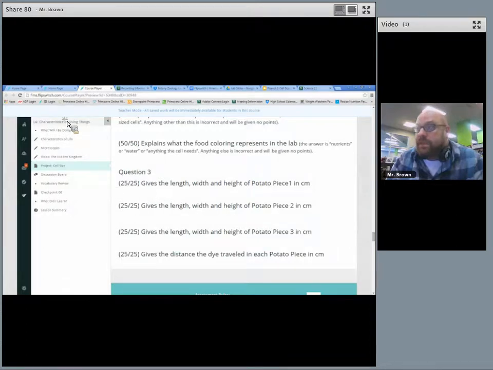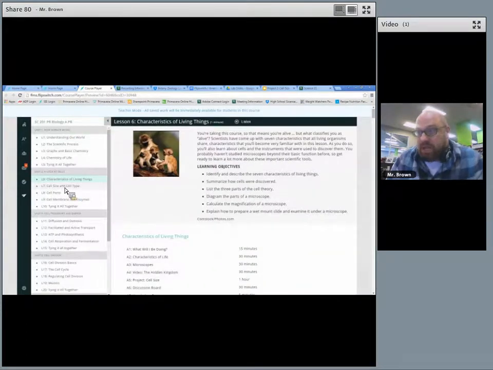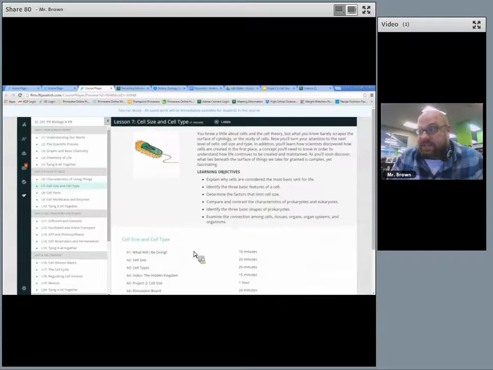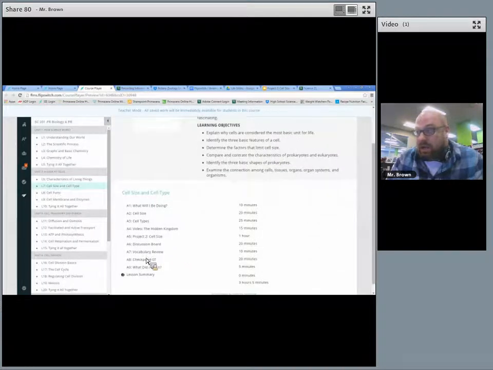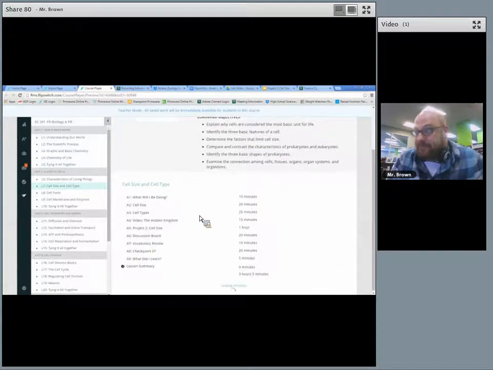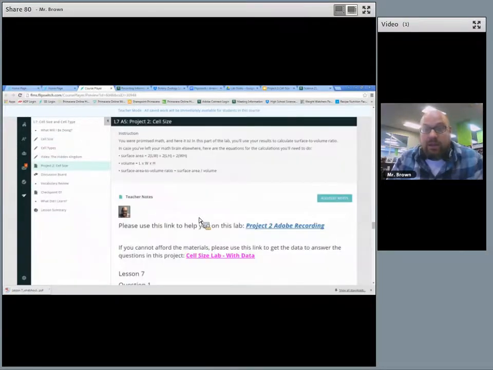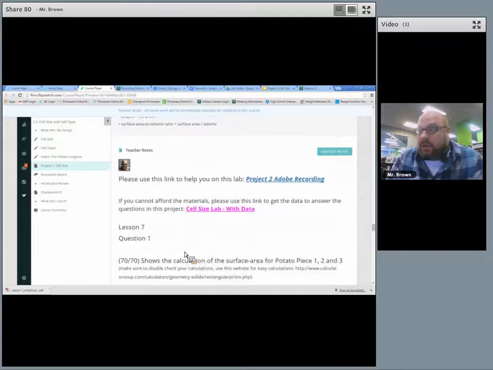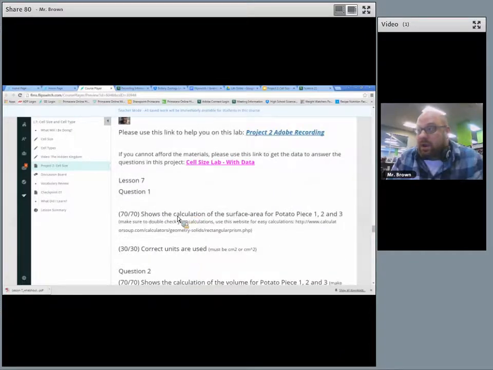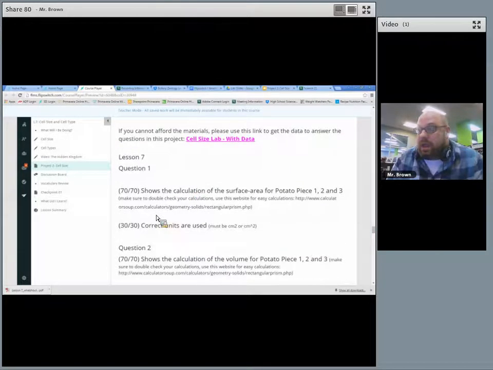What trips students up the most is lesson 7, which is cell size, calculating surface area and volume. Do show your calculations. That is important. That's 30% of the score.